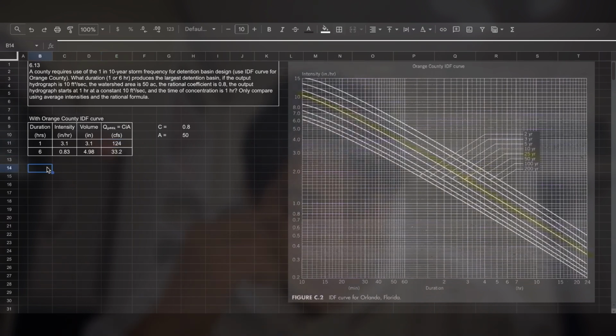And now let's convert these inches into cubic feet. Once we get the volume in cubic feet, we can also get the output volume during that hour in cubic feet and then subtract them. And that's how we get how big the basin needs to be. Our inflow minus outflow is going to give us the volume.